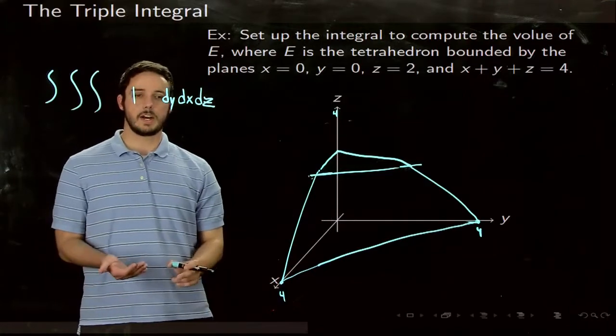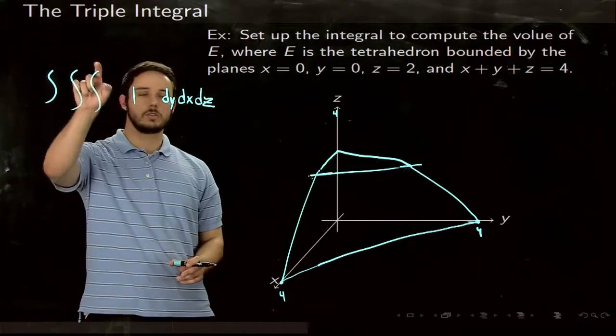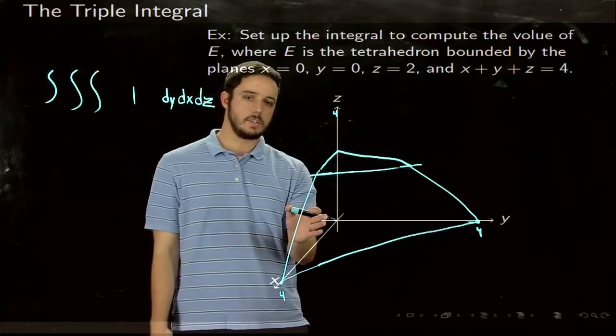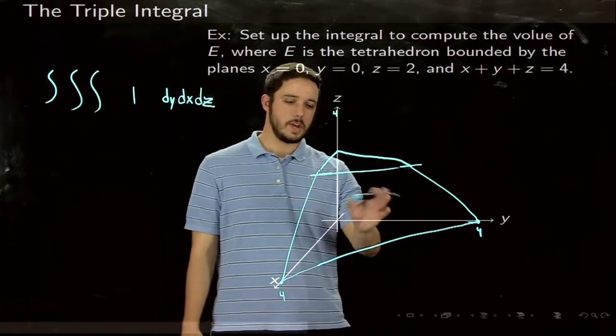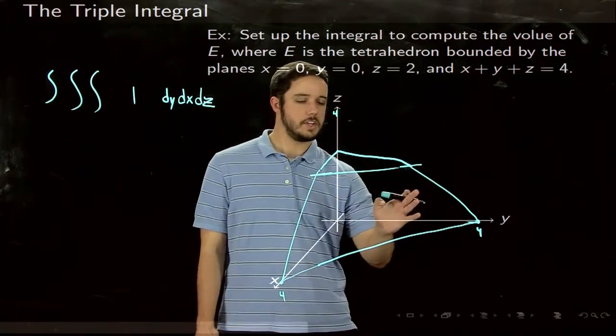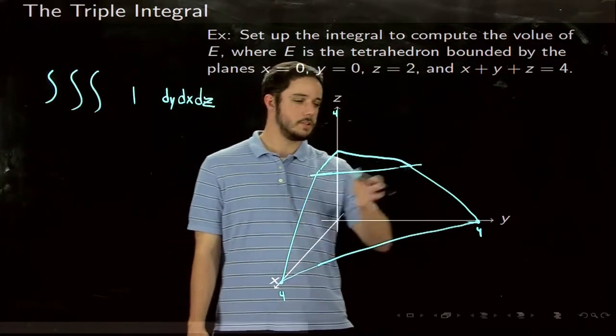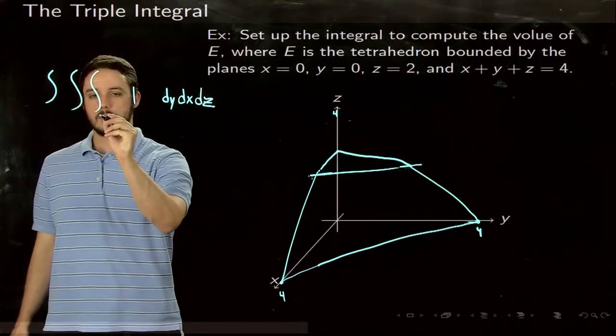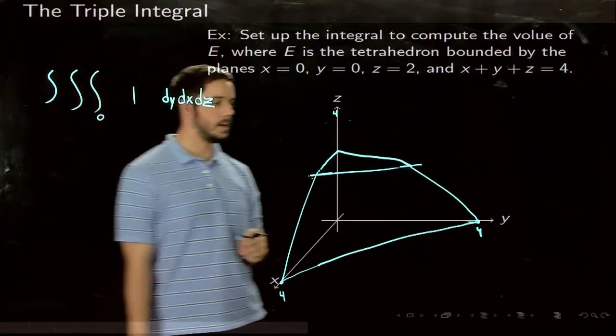So first we need to find the bounds on y. Well, what can y be? Y can be anywhere as low as 0, but then once it goes this way, it runs into this wall of the tetrahedron. So it can go anywhere from 0 to this wall of the tetrahedron. So the smallest bound is 0 for y.